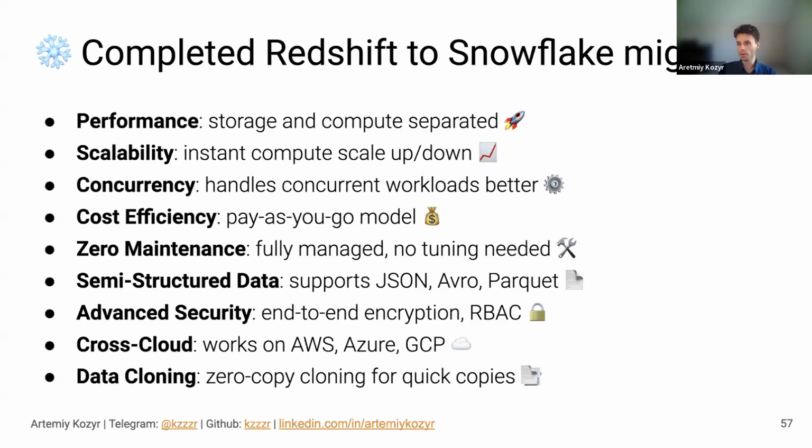And cost efficiency. Since Snowflake's pricing model is about the credits you consume, the amount of compute power you use and storage, the instant cost savings compared to Amazon Redshift were about 30 to 40%, instantly after the migration was finalized.